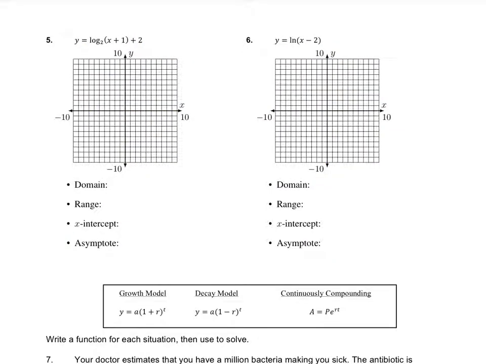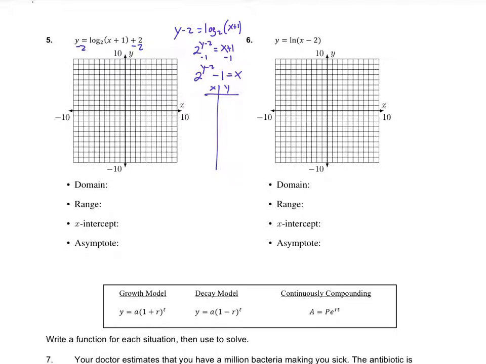Number 5, we're going to subtract 2. y minus 2 equals log base 2 of x plus 1. 2 to the y minus 2 equals x plus 1, so then subtract 1. 2 to the y minus 2 minus 1 equals x.